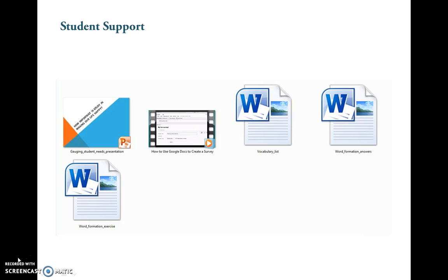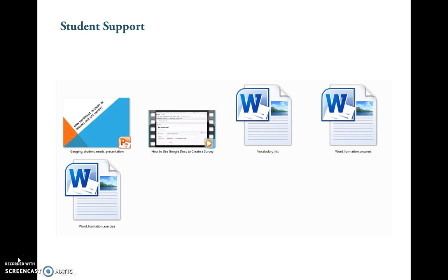The student support folder. In this folder, there will be several documents so as to aid the students with their studying. Here, there is one vocabulary list in which there are 20 words that appear in the unit, actually in the student book, and I asked the students to look up their meanings beforehand.